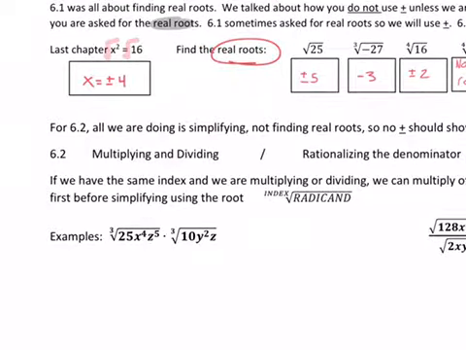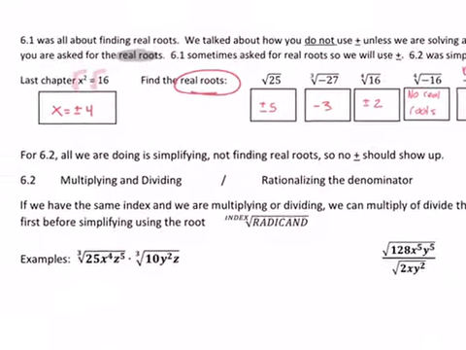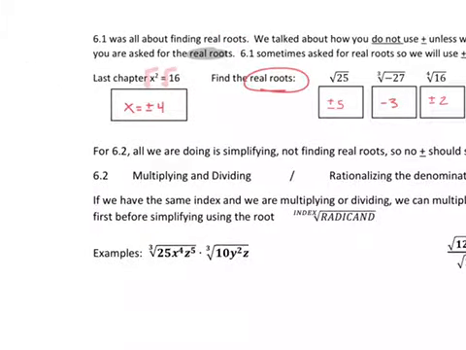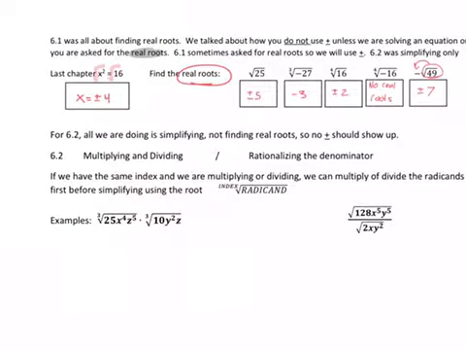All right? So in 6.2, all we are doing is simplifying, not finding real roots, so no plus or minuses should show up. And there's two scenarios, and it was all revolved around having the same index. So if we have the same index and we are multiplying or dividing, we can multiply or divide the radicands first before simplifying the root.